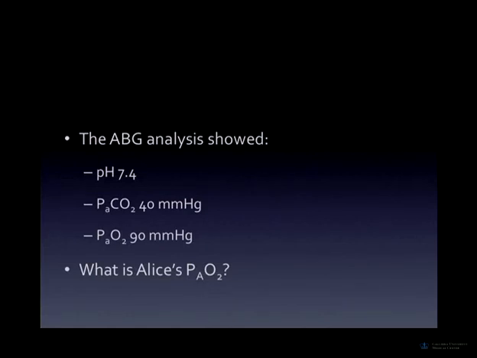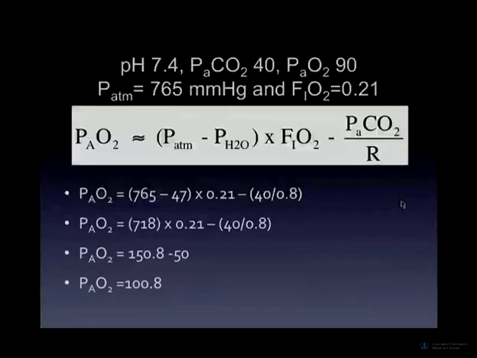So what's her PAO2? This is the way you're often going to see blood gases written. It's just a shorthand convention: the pH goes first, the PaCO2 goes next, and the PO2 goes last. And then often we include calculated bicarbonate and oxygen saturation as well.